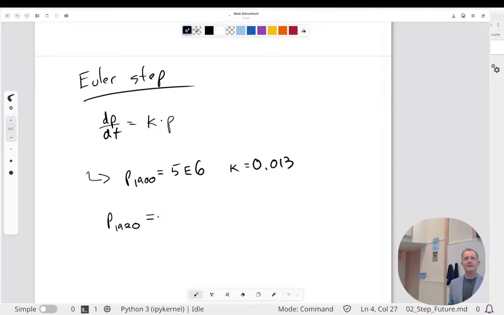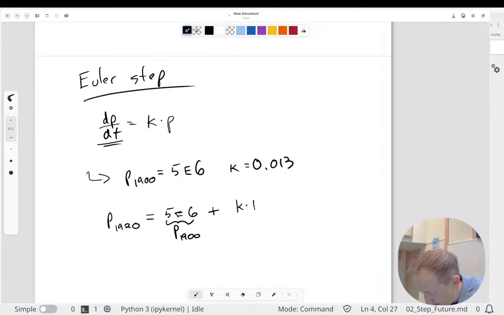Isn't it just initial plus derivative times time step? Yeah, so we're taking the initial, the 5e6, plus that derivative, so k times p, and then multiplying that by our delta t, so here 20 years.